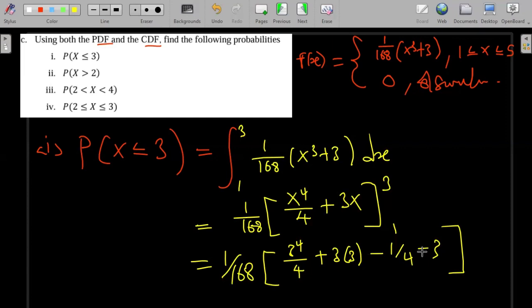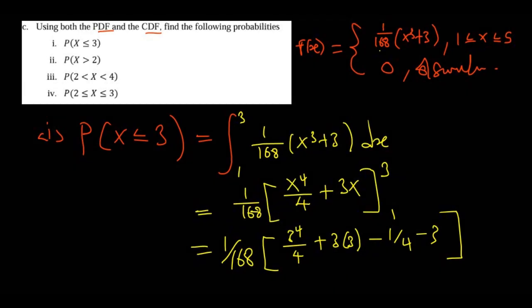And then we can just punch this onto the calculator to see what we're going to get. So 3 to the power 4, that is 81. So I'll say 81 divided by 4, plus 3 multiplied by 3, that is 9, and then minus 1 divided by 4, and then minus 3. So that gives me 26.